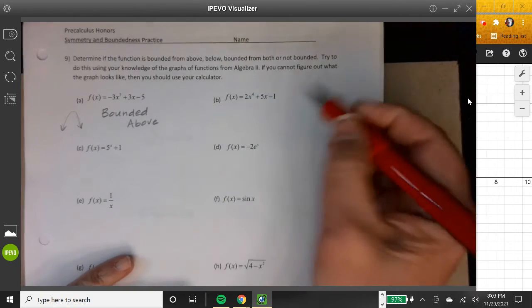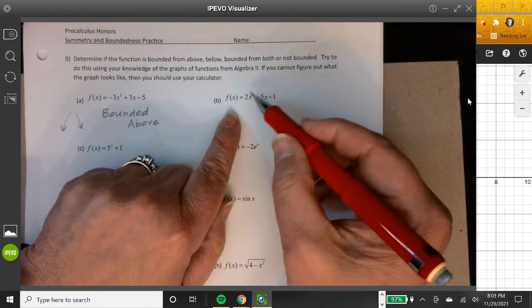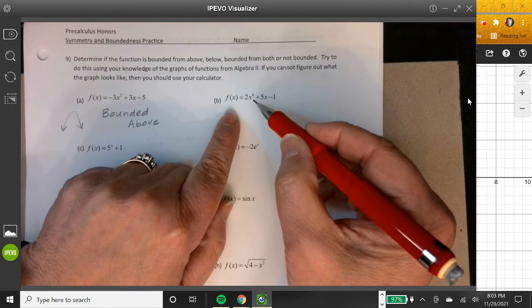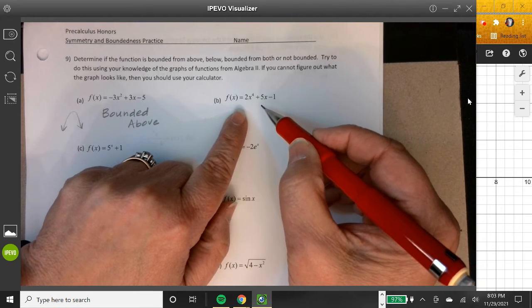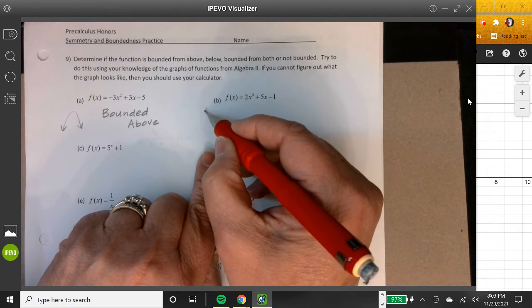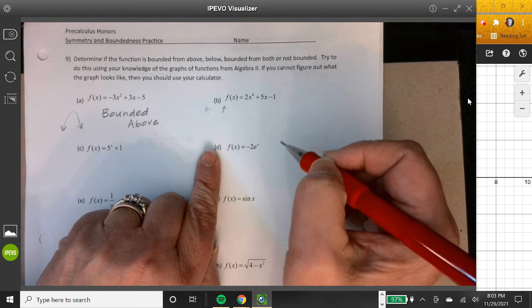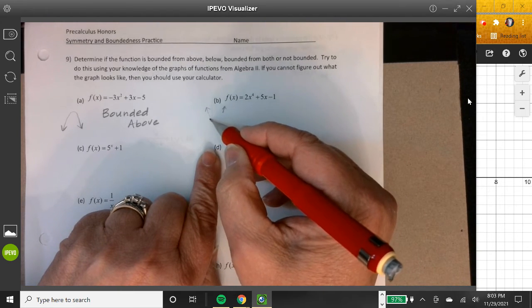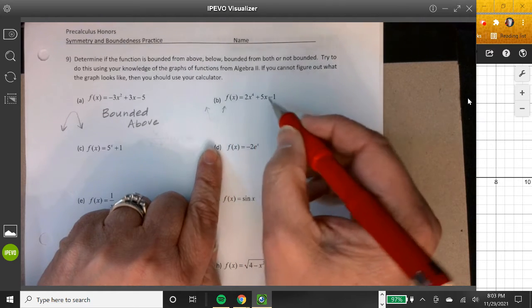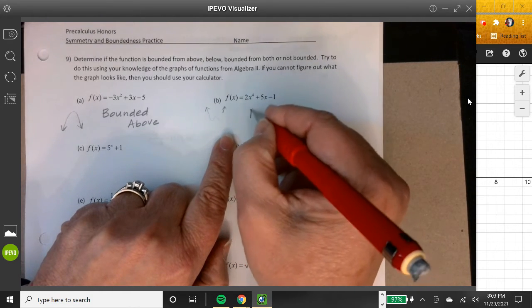All right, let's talk about b. F of x equals 2x to the fourth plus 5x minus 1. Now, that's a quartic. Quartics have end behavior like this, which means that no matter what's happening in the middle here, it's going to be bounded below.